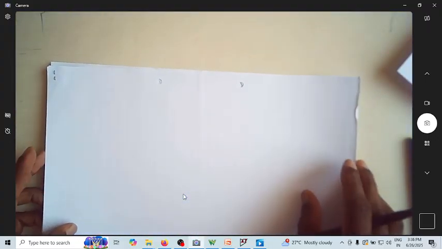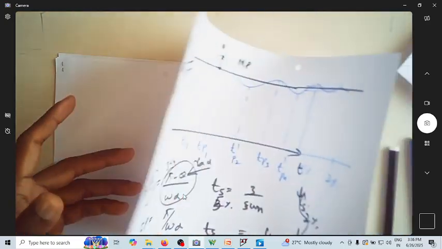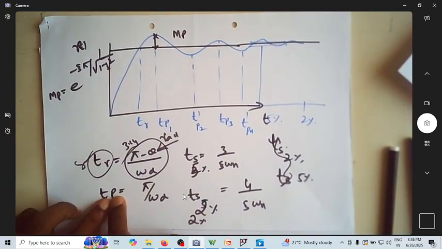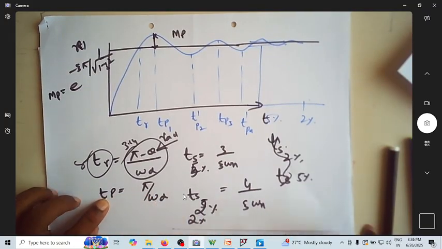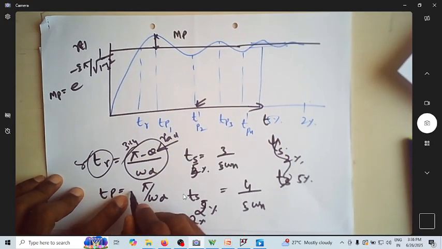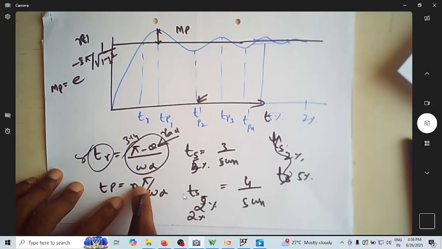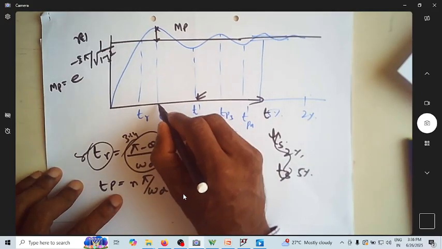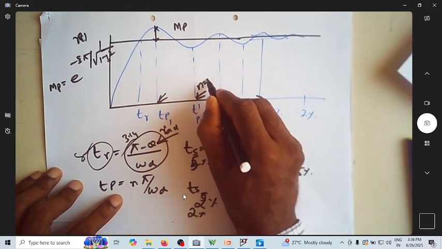Now let us do one or two problems and try to identify the different parameters. Okay, this is what I said as TP, which is pi by omega d. Actually it was n pi by omega d. If n is equal to 1, you'll get this. For n equal to 2, you'll get this.